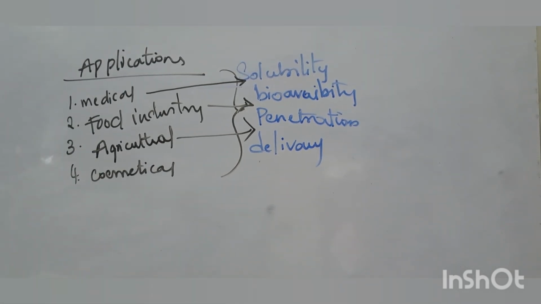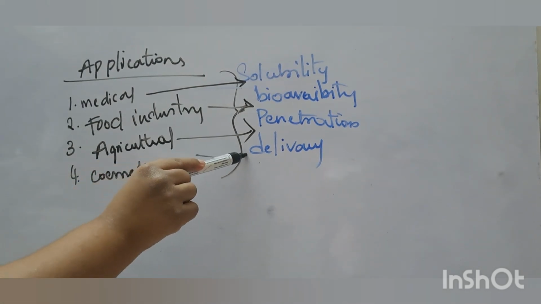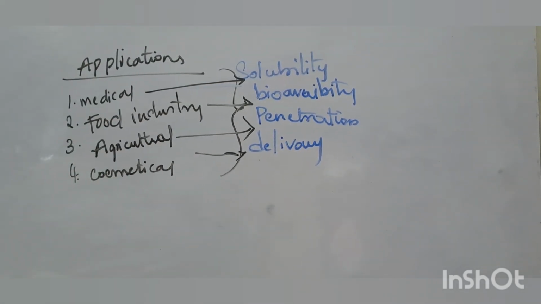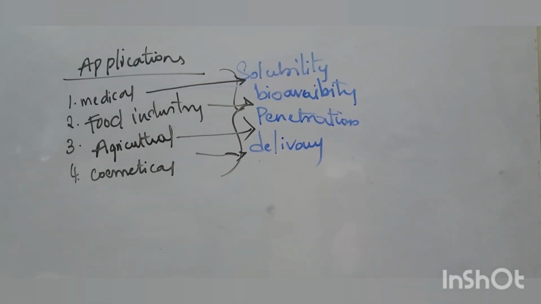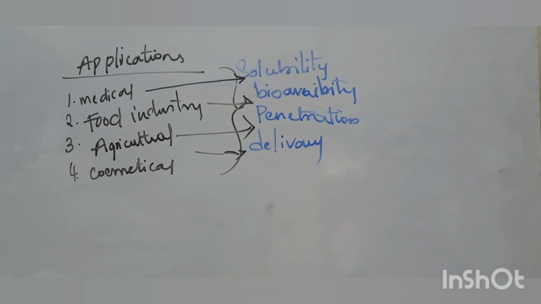And for cosmetics, as you know, for delivery of nutrients or vitamins, as we already spoke in nanotechnology, nano emulsions, nano sensors, and nano coatings are all the kids, the children, of nanotechnology. Nano emulsions are used for better absorption, better enhancement, and better effectiveness on the skin, and also for anti-aging property.